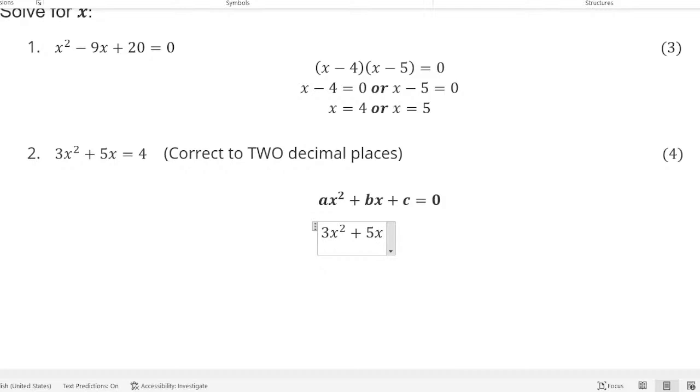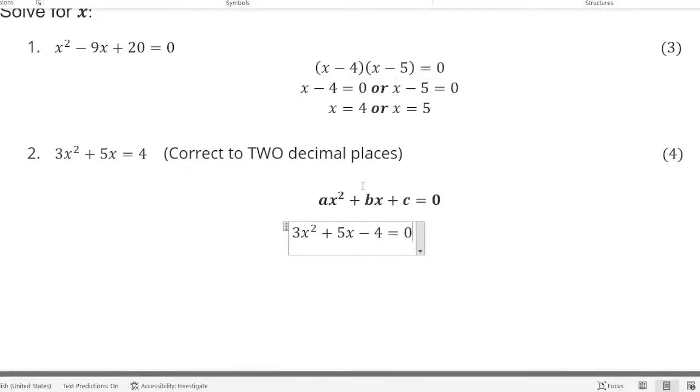Then remember, we are transposing 4 to the left hand side. In other words, we are taking the constant 4 to the left hand side. The 4 on the right hand side was a positive. Now when you're taking 4 to the left hand side, it will change the sign to become -4, right? When you took 4 from the right hand side to the left hand side, you'll be left on the right hand side with 0.